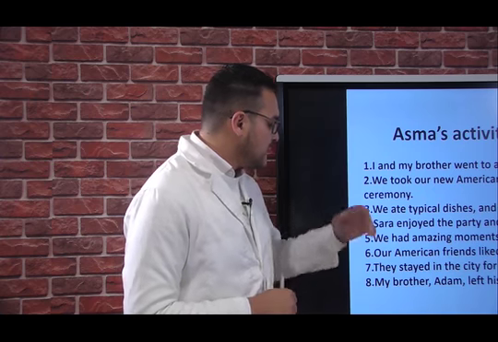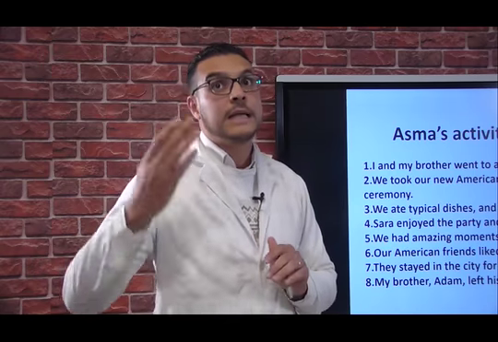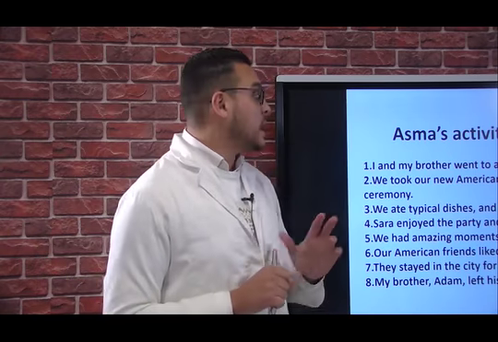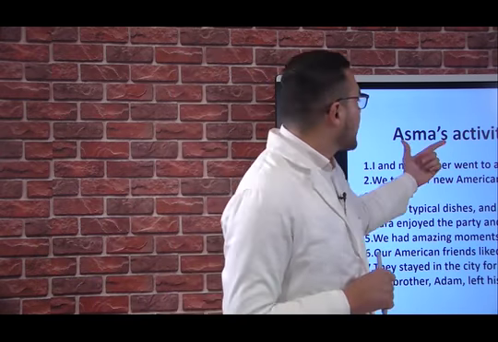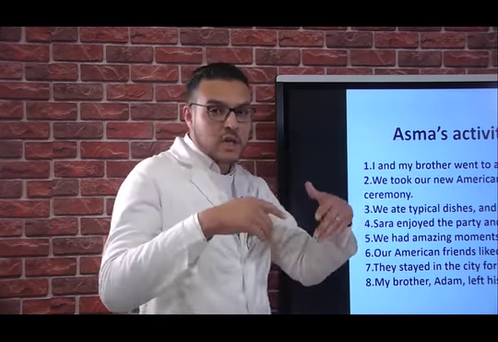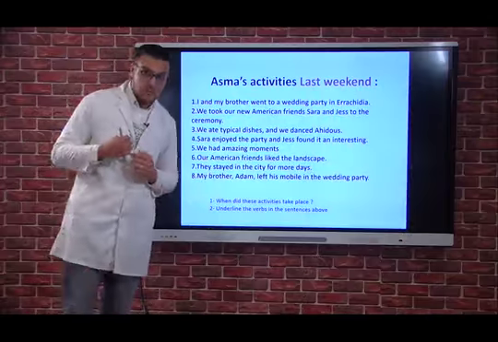So let's start with the first one. When did these activities take place? So if I ask you this question, what do we have in here? Asma's activities last weekend. So Asma in here is telling us what she did last weekend.